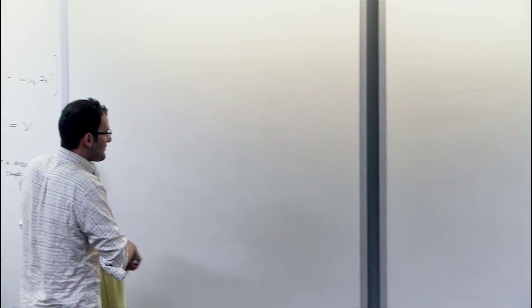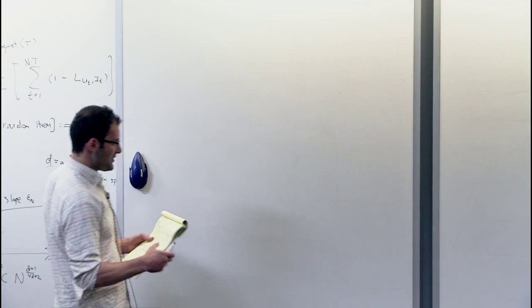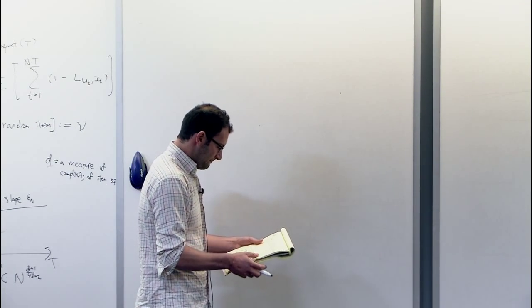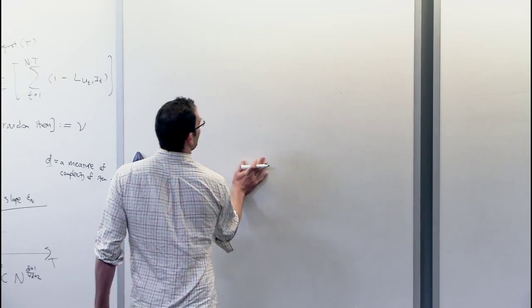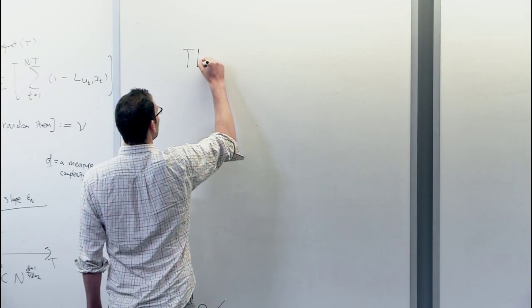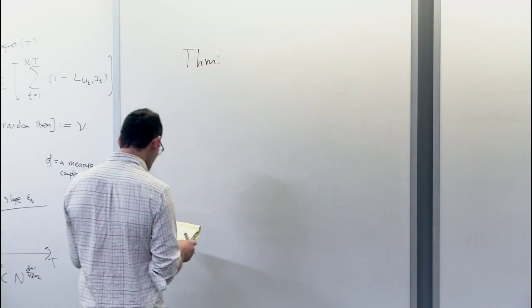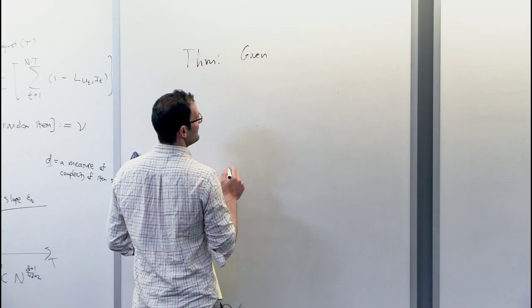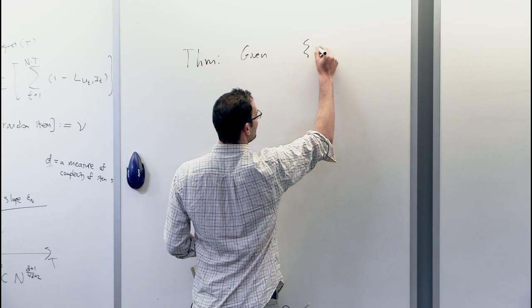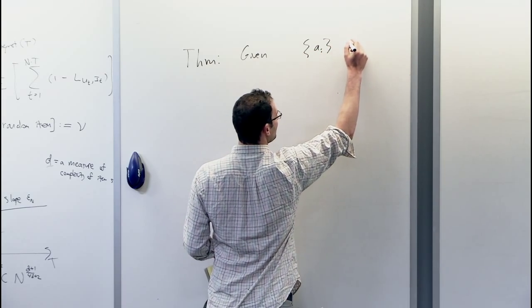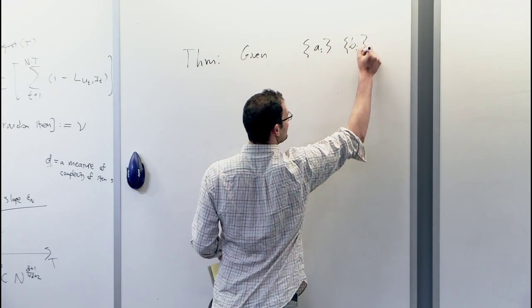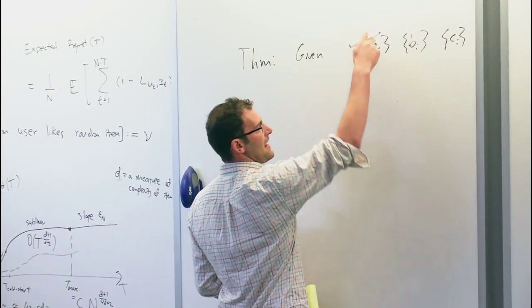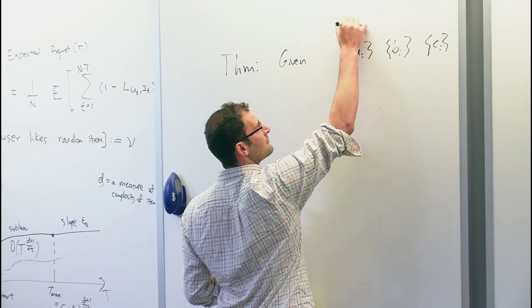Okay, anyway, so today I was going to try to give some high-level intuition of this characterization of inequalities. So I guess the theorem is the following. Given some sequences a_i, b_i, and c_i, and say each of these has R terms.